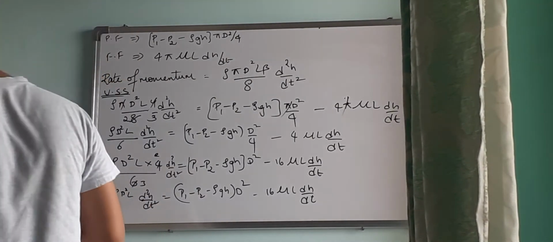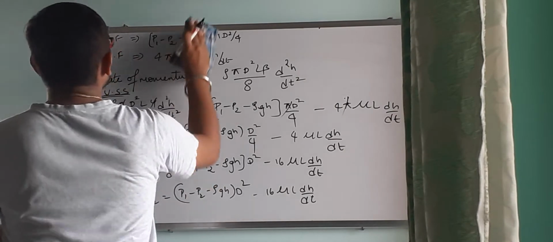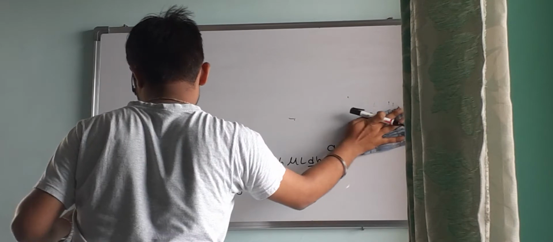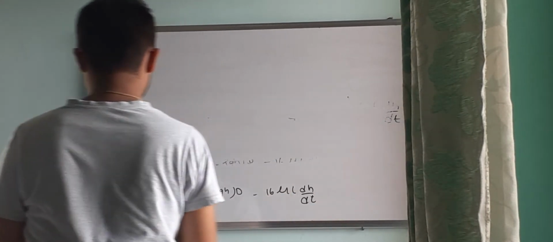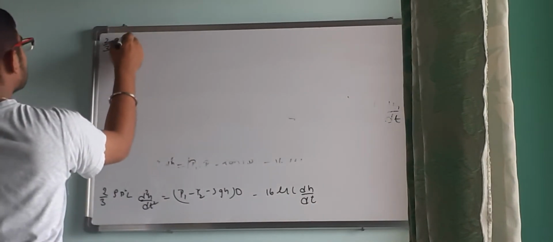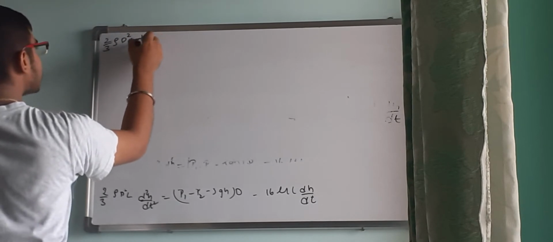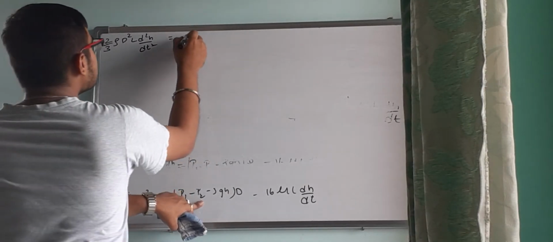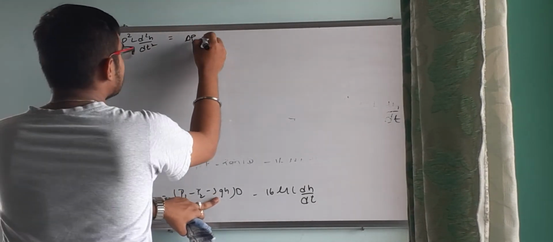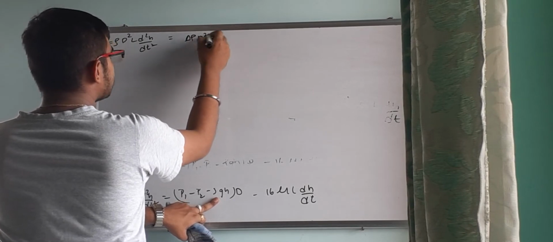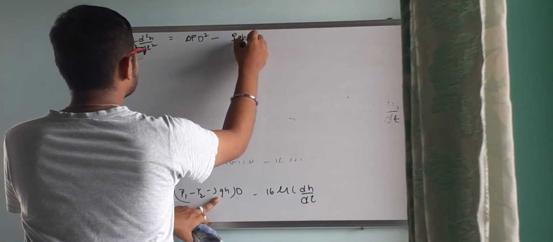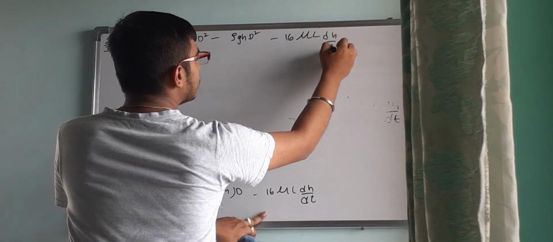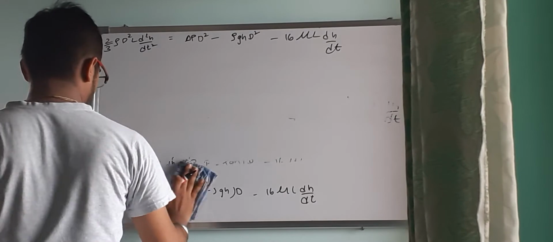Okay. Now this can further be written as 2 by 3 rho d square L d square h by dt square is equal to P1 minus P2, which can be taken as delta P, delta P d square minus rho g h into d square minus 16 mu L dh by dt.